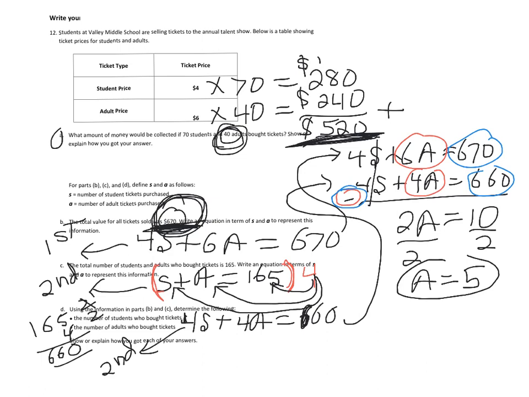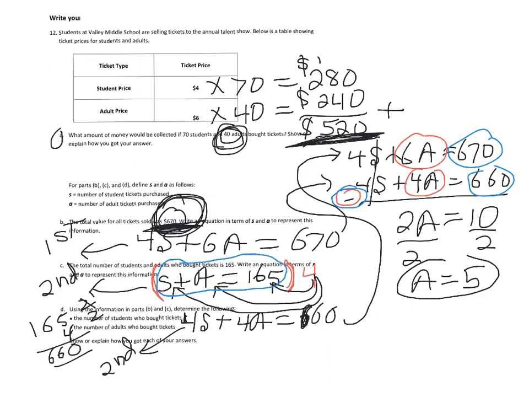Well, how many students came? All we need to do is substitute that into one of the original equations. I'm going to substitute it into the second equation, because the second equation is very simple, before we manipulated it.